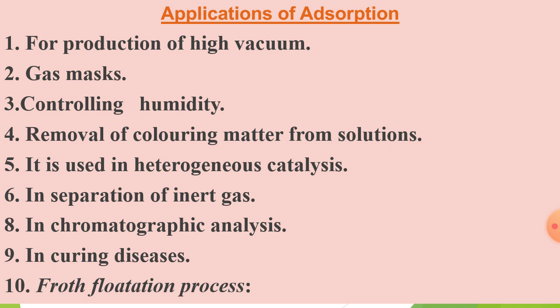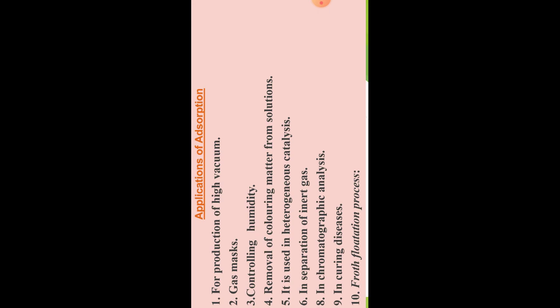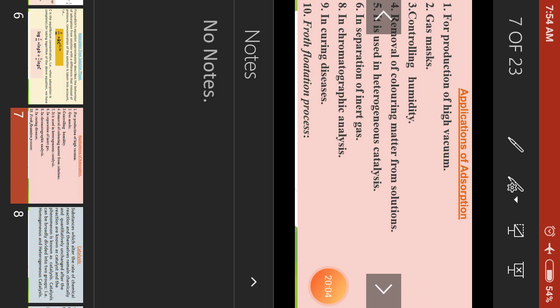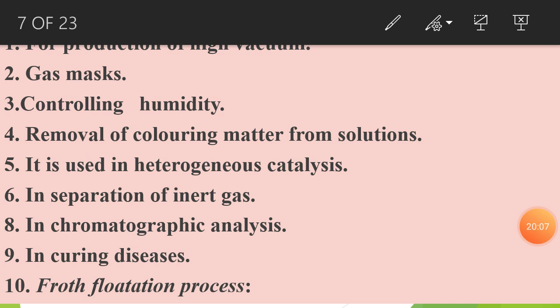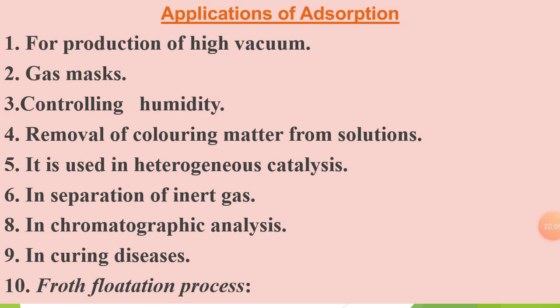They will produce ammonia gas. So this is an example of heterogeneous catalysis. This is also based on the process of adsorption. The adsorption of reactants on the solid surface of the catalyst increases the rate of reaction.